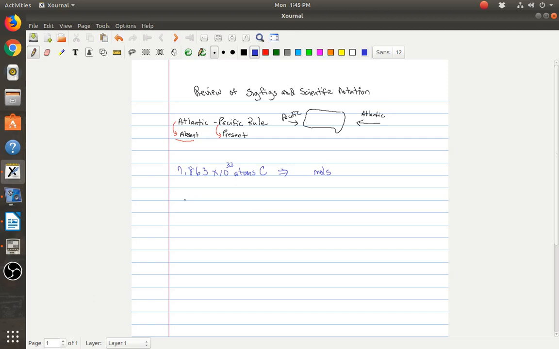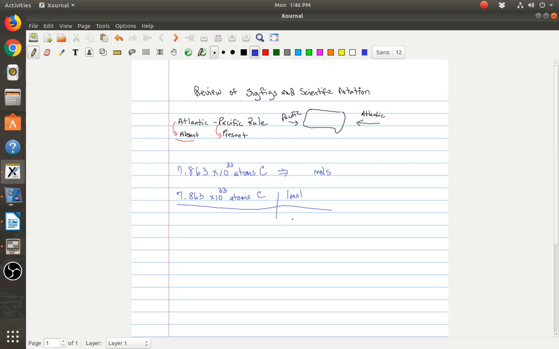So I'll take my scientific notation number, my number of atoms. If you have a number of atoms, it is going to be a large number like this because atoms are so small. That's what I know for sure. I use my bridge notation. Since I'm turning atoms into moles, 1 mole goes on top, and the number of atoms in 1 mole goes in the bottom.